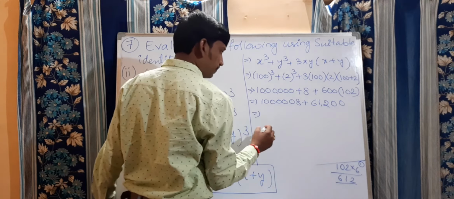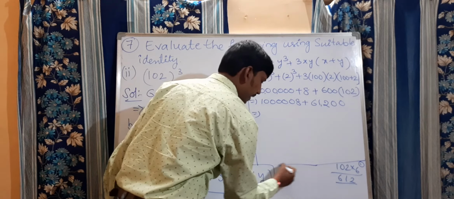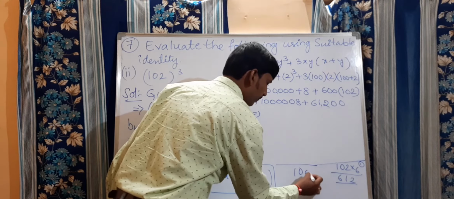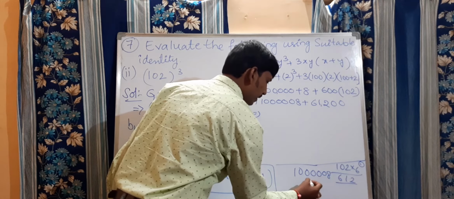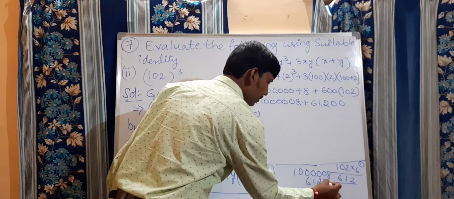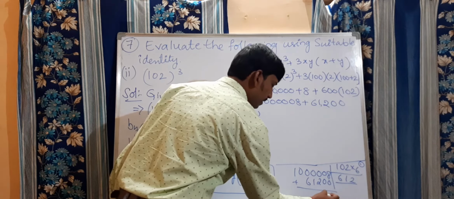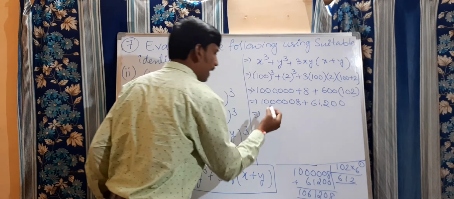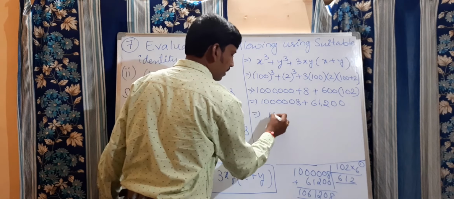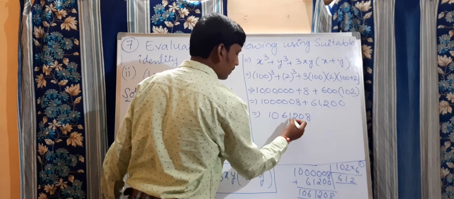Now add all those. I am going to add here in a rough column: 8 and 61,200. By adding these, you will get 10 lakhs 61,208.